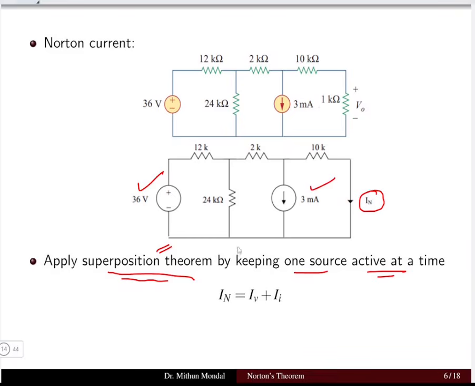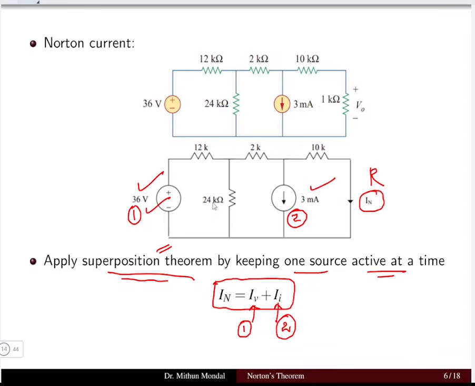You keep one source active at a time, and then you determine the corresponding response at the load terminal. So you can find the Norton current as the sum of all the responses due to the individual sources. You have I1, the current at the terminal due to source 1, and I2 is the response due to source 2.